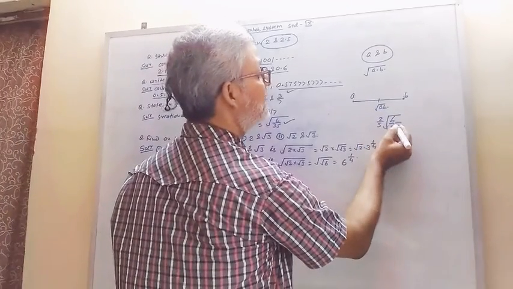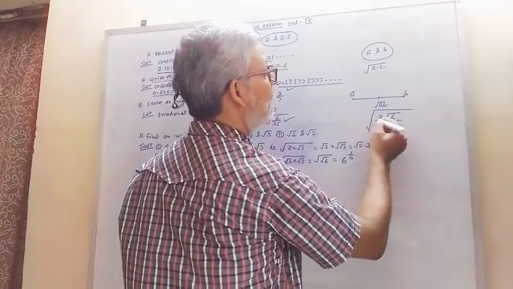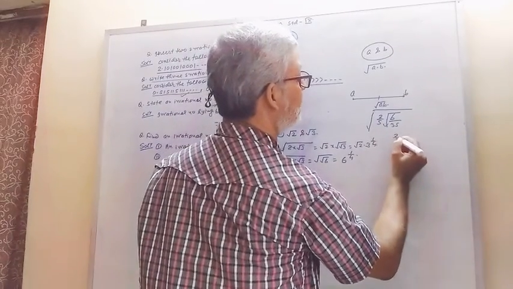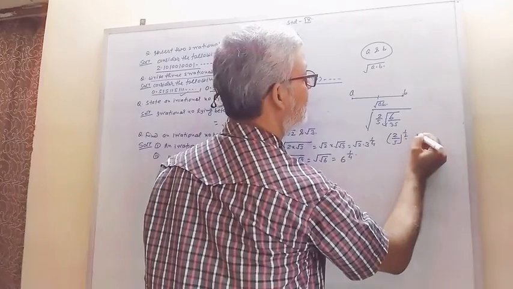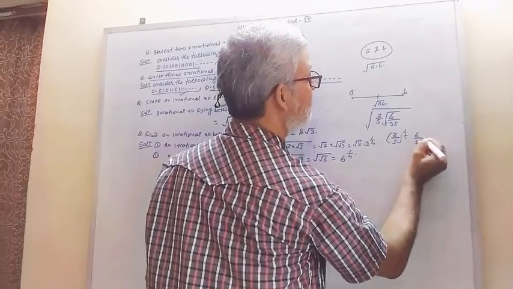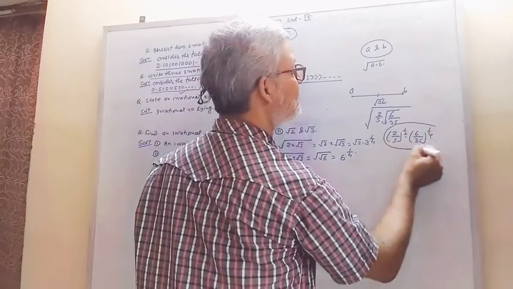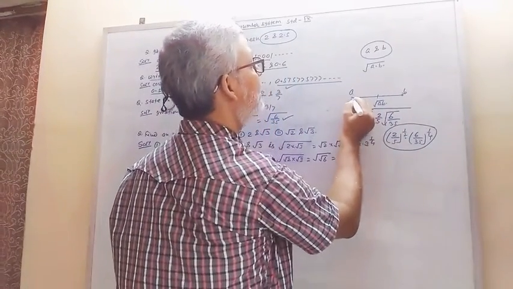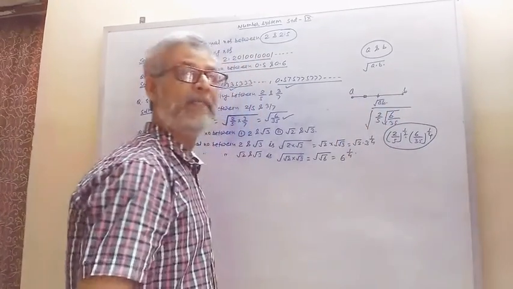Now between these two, the irrational number is the root of their product. When you find it, 2 by 5 to the power 1 by 2 into 6 by 35 to the power 1 by 4. This is the irrational number between A and root under AB, that is the second irrational number.